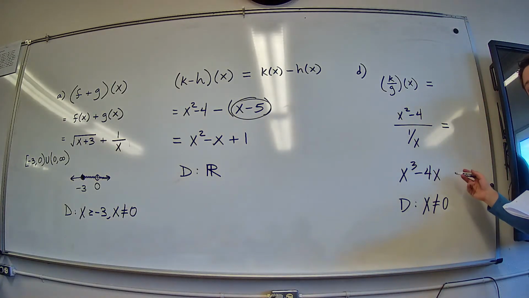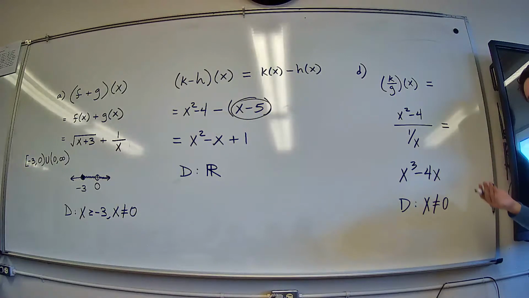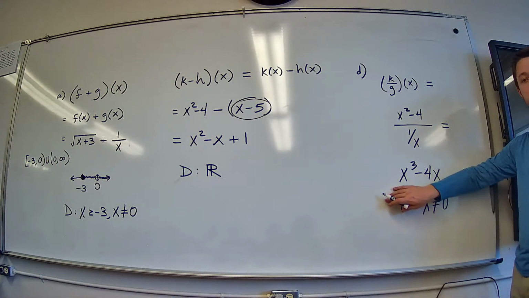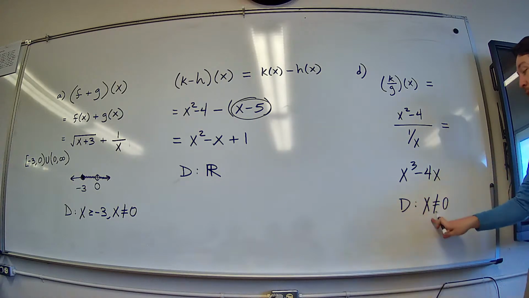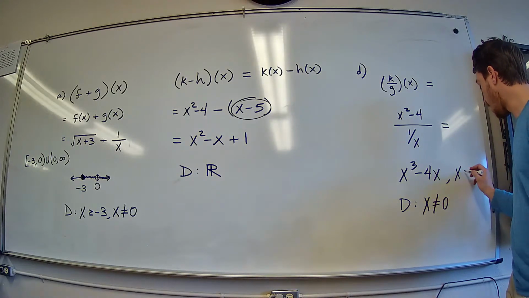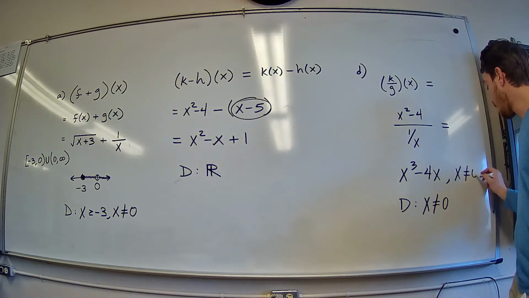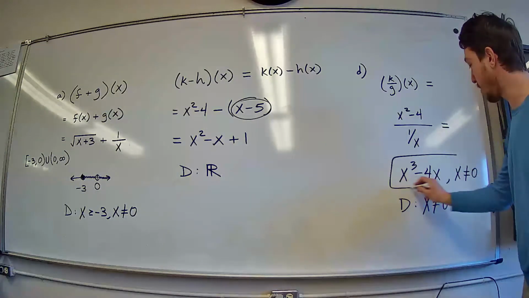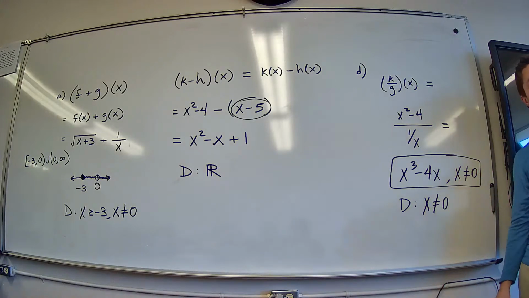Do you understand that? But here's the thing. If I just told you that function, what would you think is the domain? All reals. But the domain's not all reals. So what you got to do is include that domain restriction as part of the function. So that is actually the function.